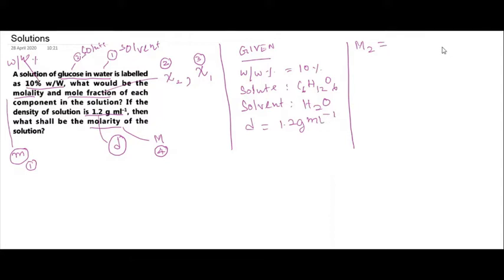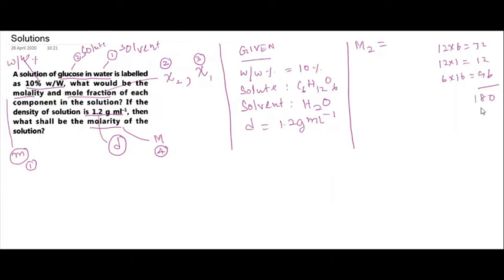Based on that, the molar mass of the solute can be worked out. For carbon, we know it is 12, so 12 into 6 is 72. Hydrogen, there are 12 hydrogens, so 12, and there are 6 oxygens, so 96. Adding, 72 plus 12 plus 96, it is 180.